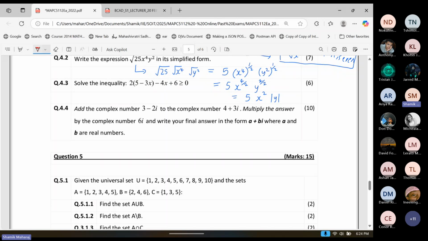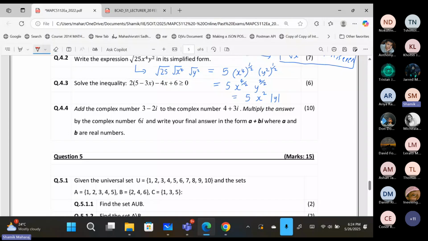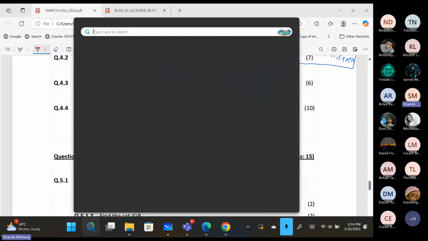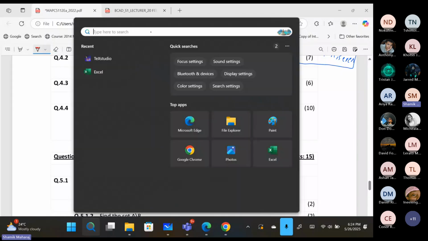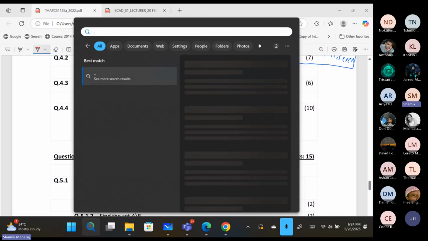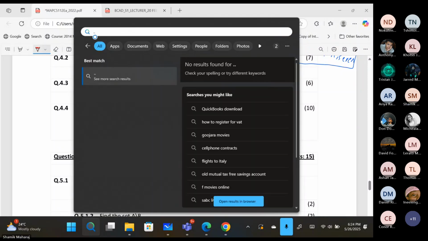And I don't know if it's all going to fit here. I might need to move to another place. Okay, let's see if we can. Where's the snipping tool? Let's move this to something else. Can I just type here, please?